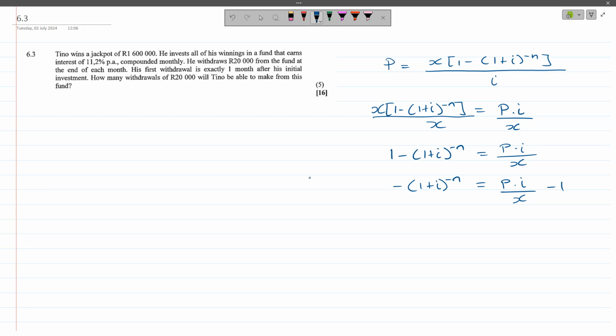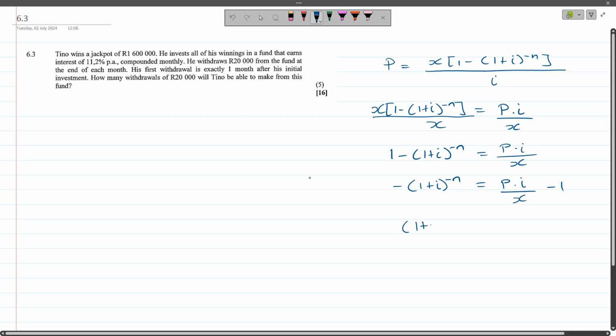So first thing we're going to do is multiply everything by a negative value, so divide by -1. That will give us (1 plus i) to the power of minus n is equal to 1 minus P multiplied by i over X.